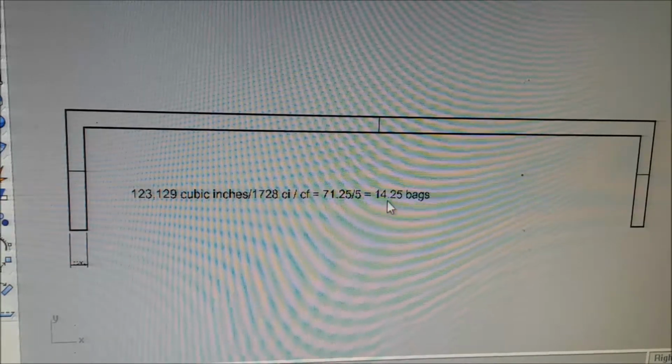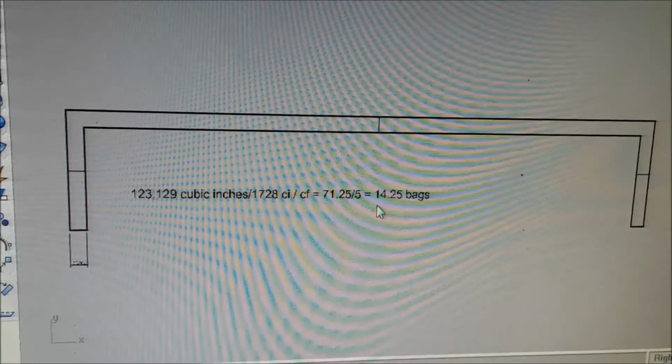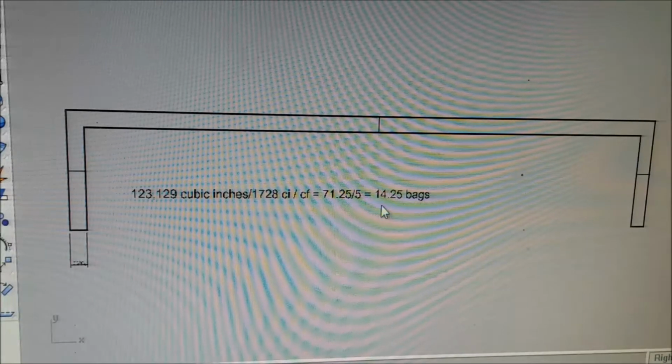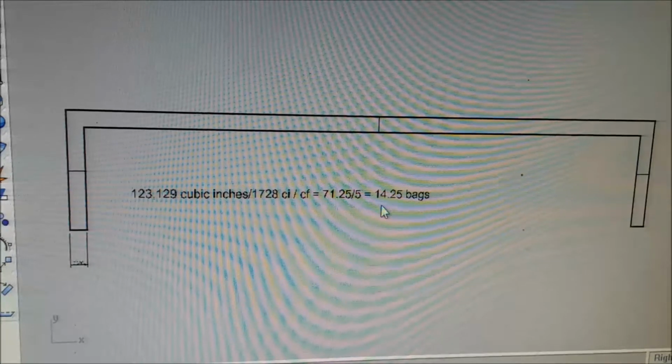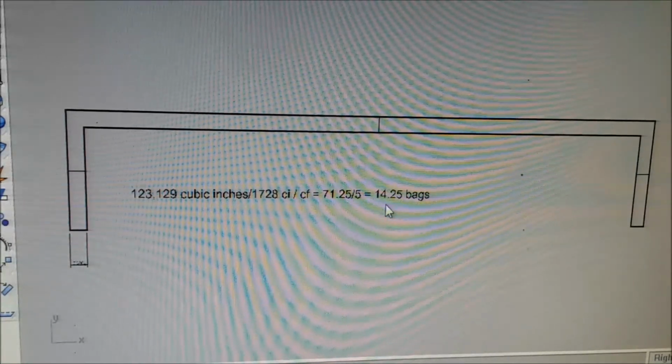Over 5 is 14.25 bags, times 2 would be 28.5, times 3 is 42.75 on the gravel.